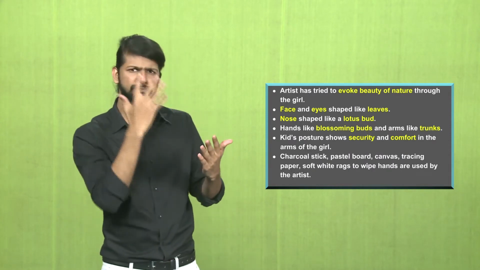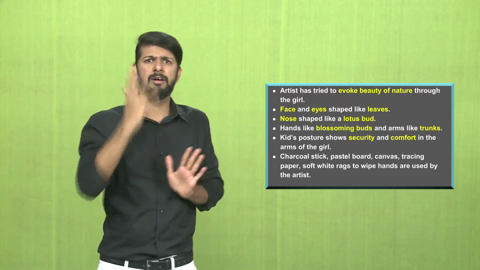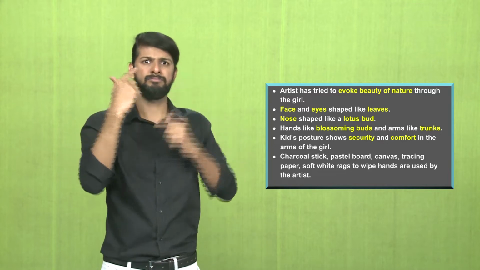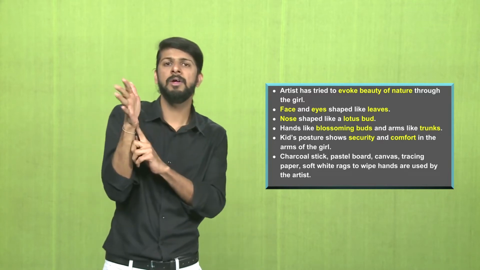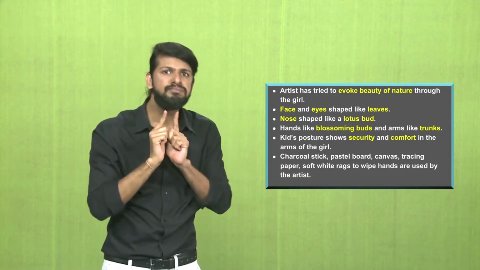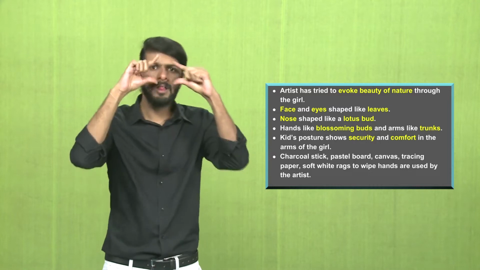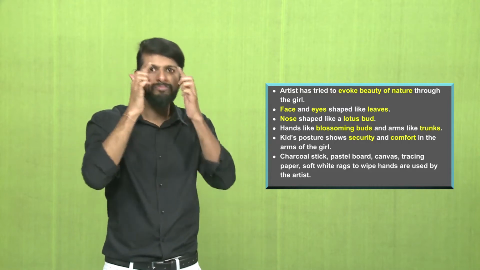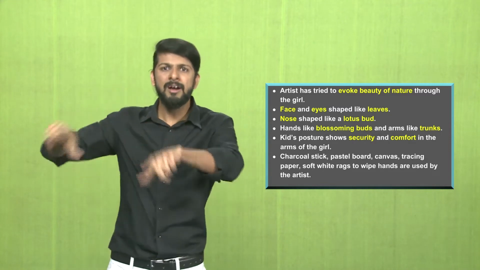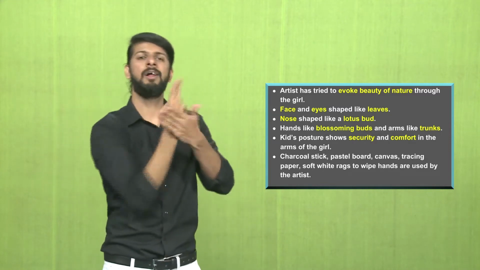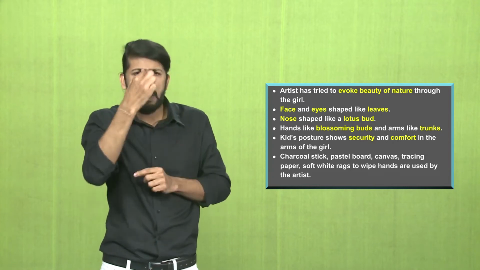The artist Paritosh Sen has tried to evoke the beauty of nature through the girl. How has he done that? He has used the leaf motif. He has used the same shape of the leaves to make the face and the eyes, thereby depicting the beauty of nature.